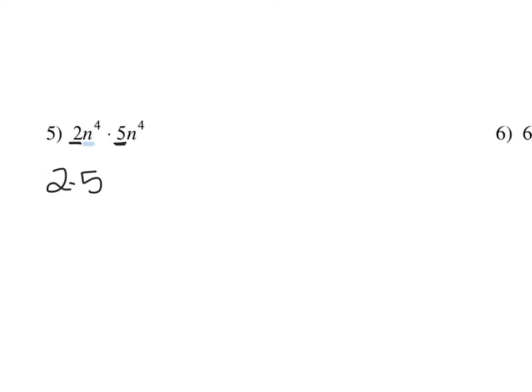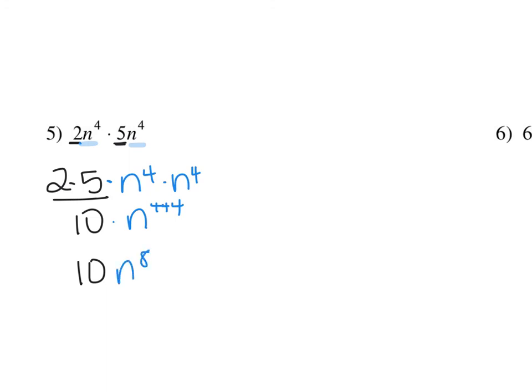And then we have n to the 4th and n to the 4th. So I'm going to rewrite those times n to the 4th times n to the 4th. 2 times 5 is 10 times n. We add the exponents, 4 plus 4, and our answer is 10. And 4 plus 4 is 8, and that is our final answer.